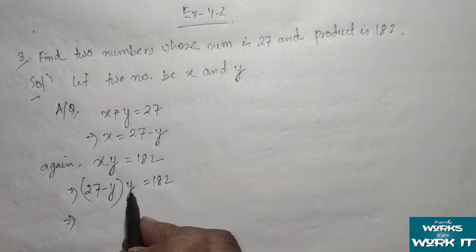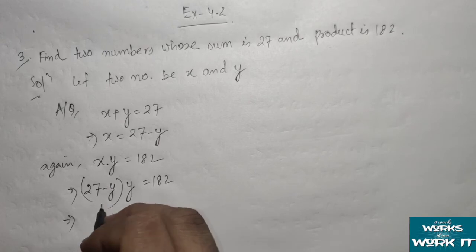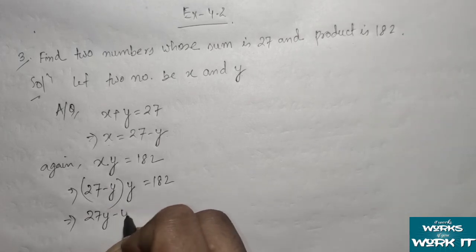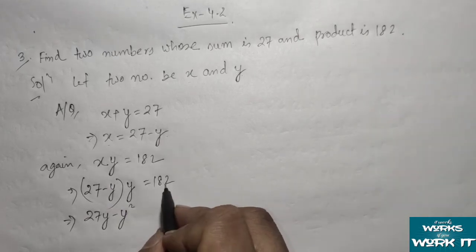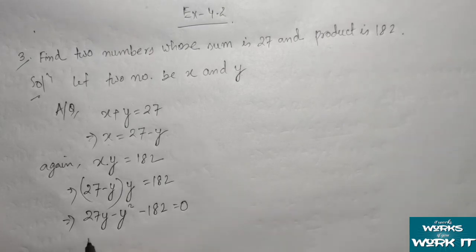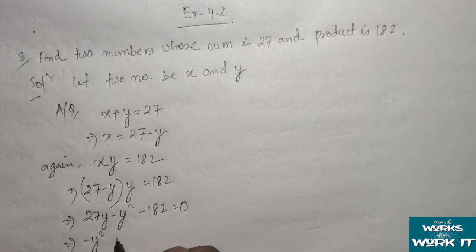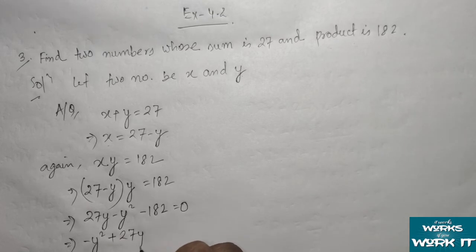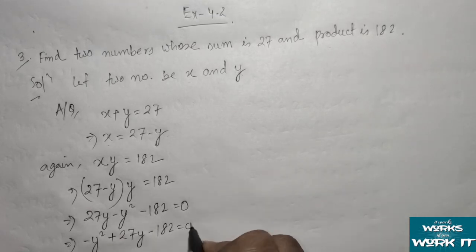So next step, this y will be multiplied with both these terms. So it will be 27y minus y square. If I bring this 182 to the left hand side, it will become minus 182 equal to 0. So I will rearrange these things to make the standard form: minus y square plus 27y minus 182 equal to 0.